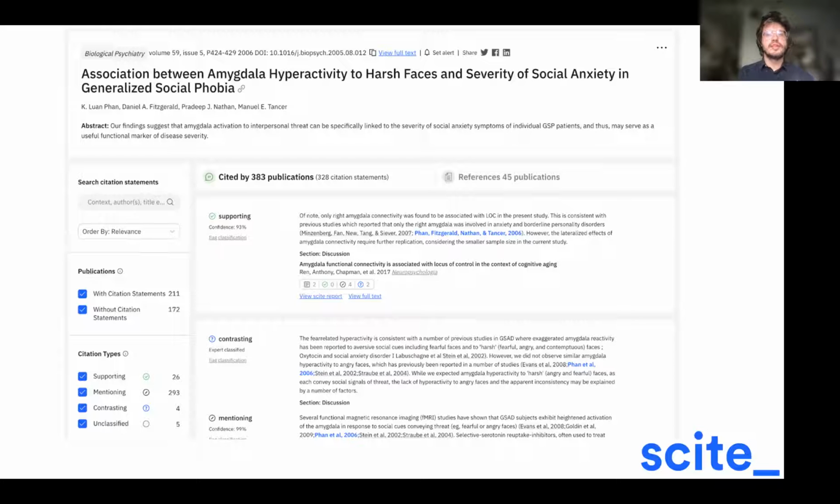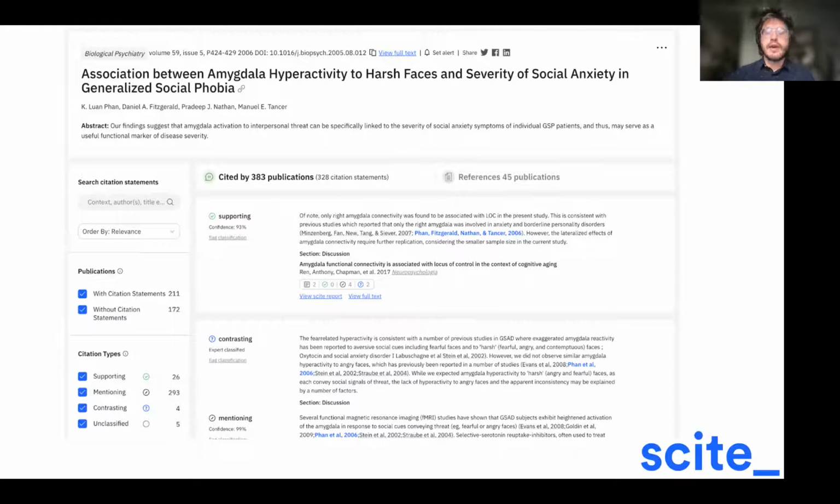I'll go into this in a bit more detail, but essentially what Scite is going to do is let you look at any publication of interest and see all of the citations to the publication and read what those citations say, and then help you find relevant citations.